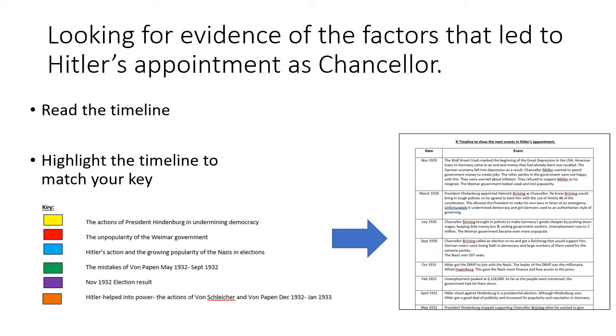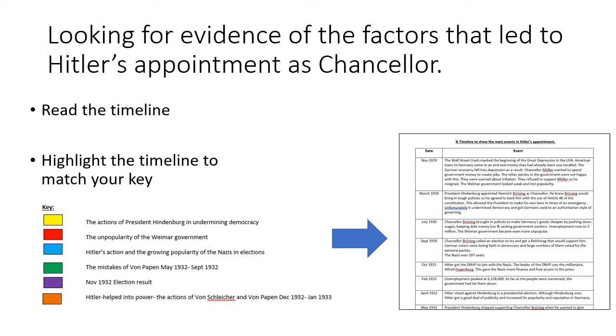So what you need to do is read each section carefully, beginning with November 1929, and with the points in the key in mind, decide whether that information can be colour-coded as the actions of President Hindenburg in undermining democracy. Are there any points in there that might match with that?